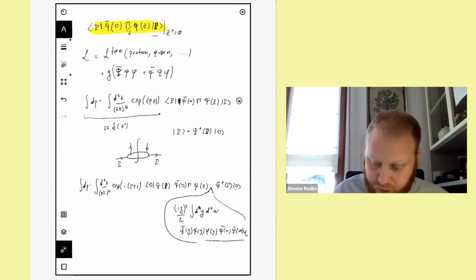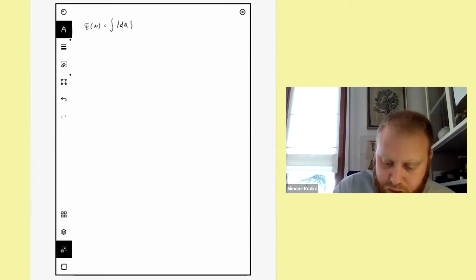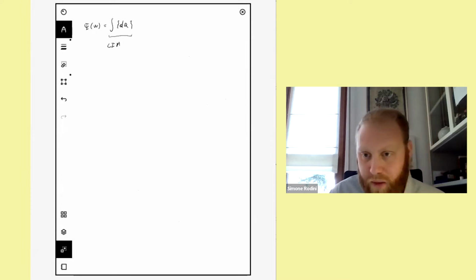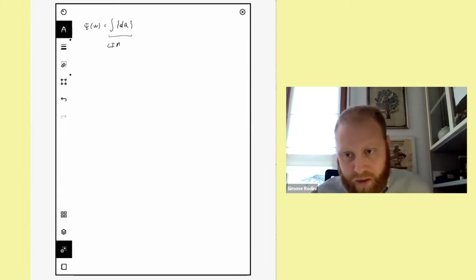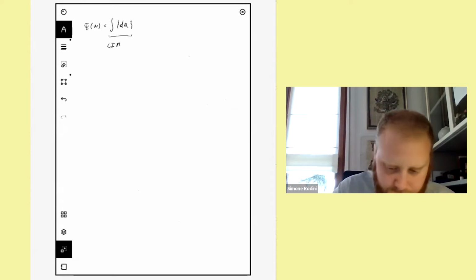You notice that you can write on the light front a decomposition for, let's say, the field psi of w as an integral over dq. This is the Lorentz invariant measure. There should be an exercise; this is standard, it just changes with respect to the instant form.